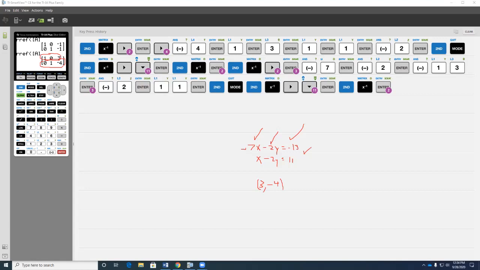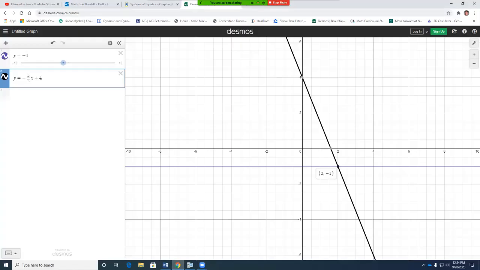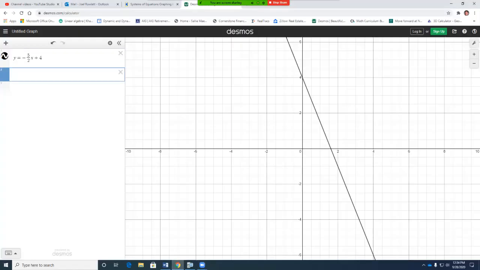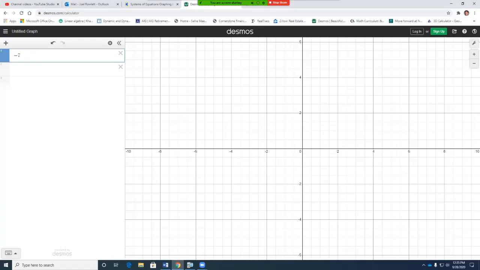So we're going to switch over. And I'm going to put both of these into Desmos. We had -7x minus 2y is equal to -13.